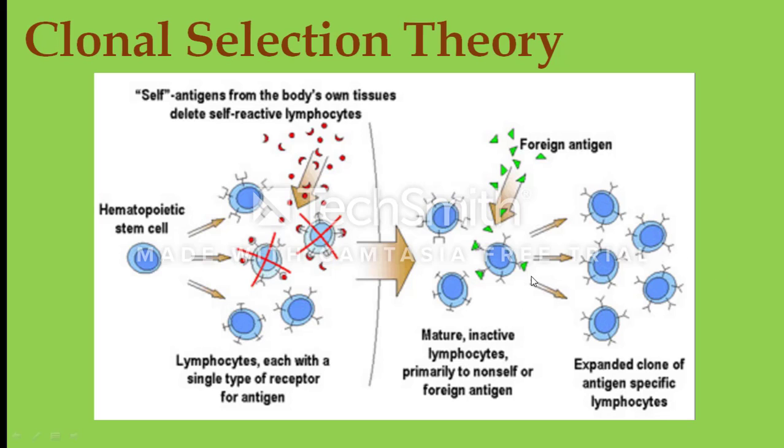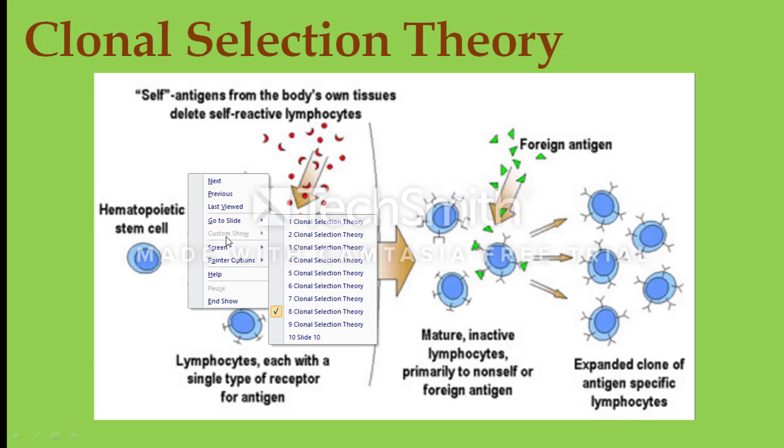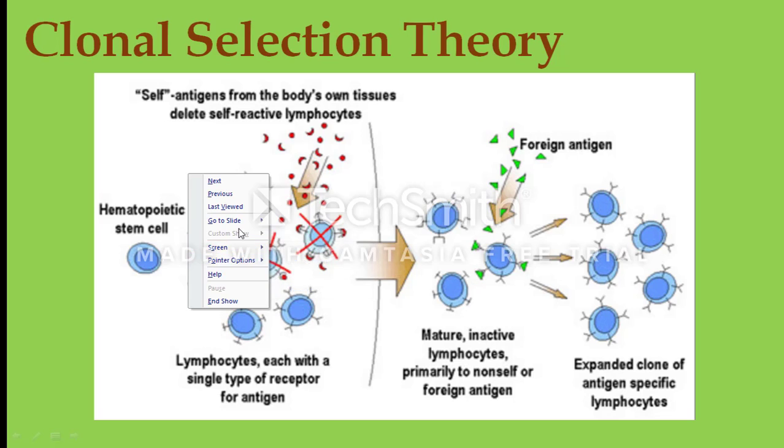The hematopoietic stem cells undergo hematopoiesis, or further maturation, and they give rise to the myeloid primitive cell and the lymphoid primitive cell. This lymphoid primitive cell further undergoes development and gives the different types of lymphocytes.